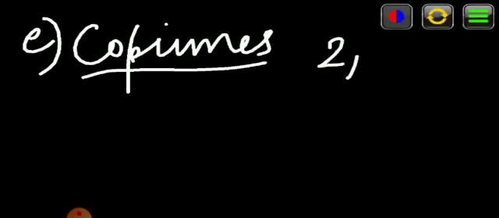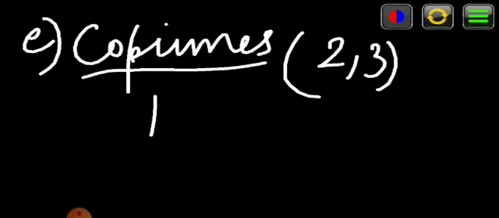E part. If two numbers are co-prime, I hope you people understand what co-prime numbers are. Co-prime numbers are those which have only one as their common factor. Then at least one of them must be prime. So if I take 2 and 3, yes, both of them are co-prime, both of them are prime numbers and the pair is also co-prime, which means at least one of them is prime.